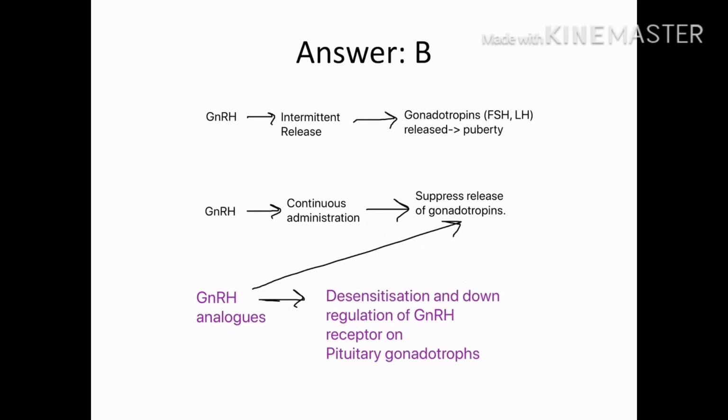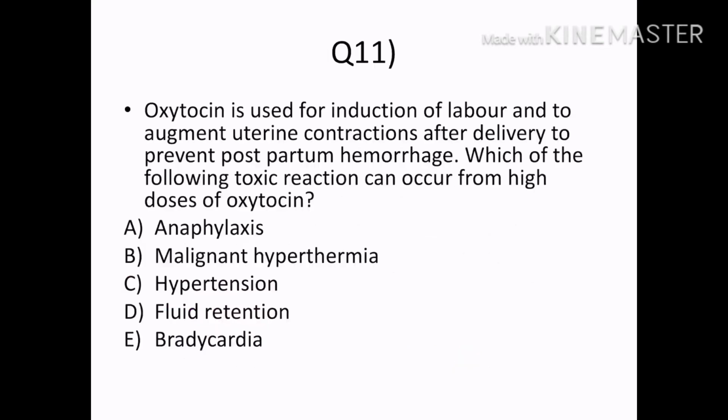What they will do, they will not only suppress the release of gonadotropins, they will also cause desensitization and downregulation of gonadotropin releasing hormone receptor on pituitary gonadotrophs. As a result, the pituitary will stop producing FSH and LH and allow the child to grow in congruence with her age fellows.